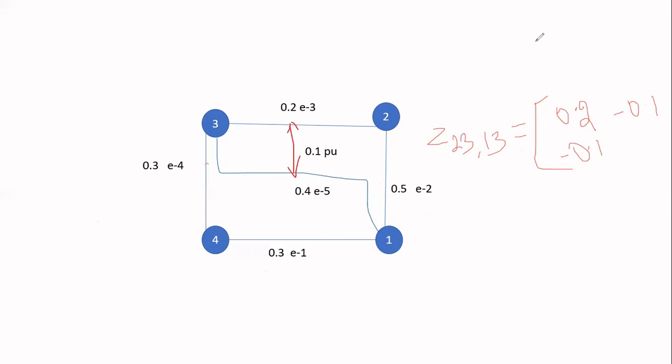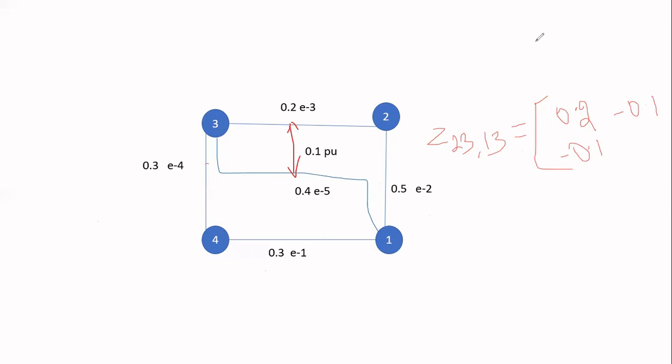AB means 3,1, minus XY means 3,2, into ZXI, where X equal to 3 and I equal to 1, so Z31, minus ZYI, where Y is equal to 2 and I equal to 1. That means Z21. This is the formula for calculating ZL1.